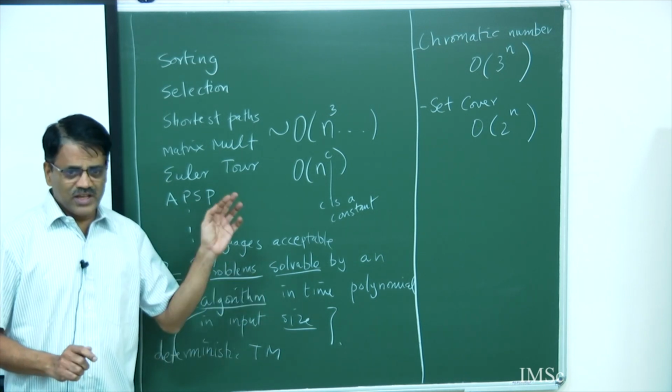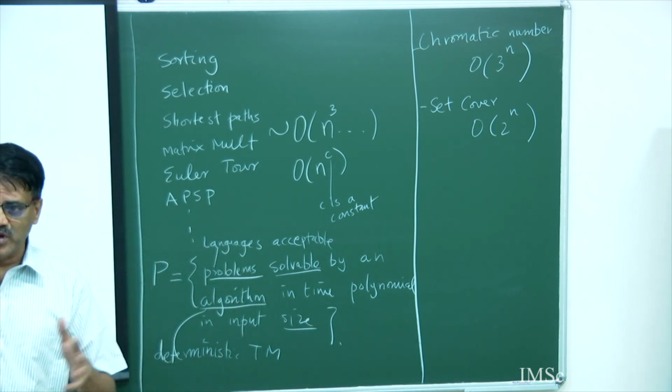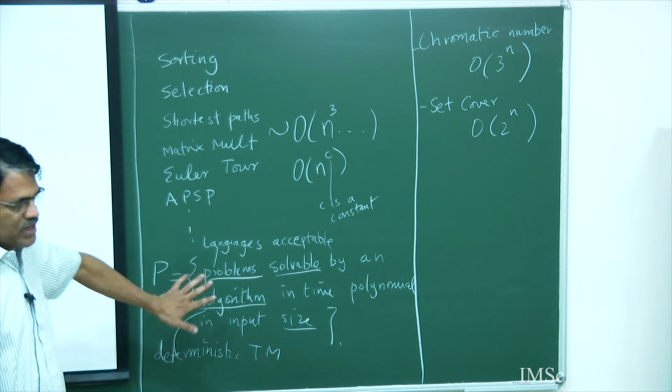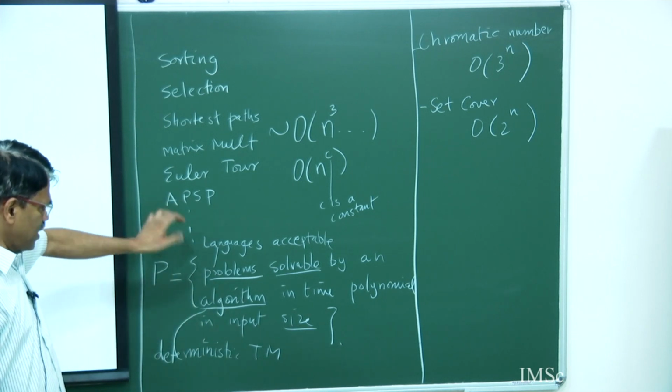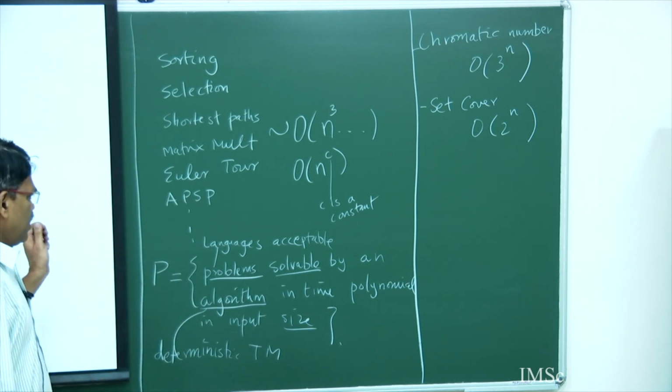People who have not seen what a Turing machine is, if you understand what a Turing machine is, this is as formal as it can get. We are working with some very informal definition of problems and algorithm, but they have a formal meaning.